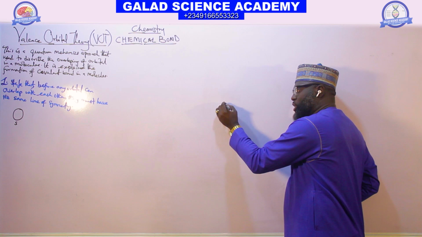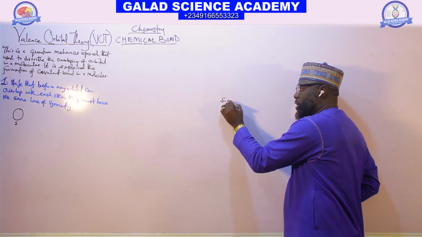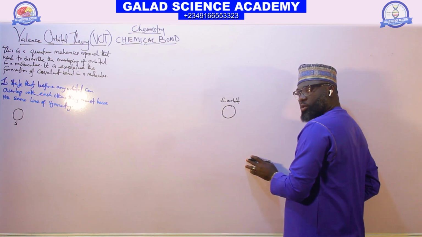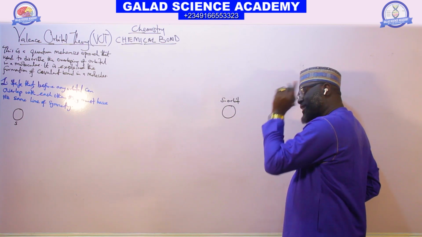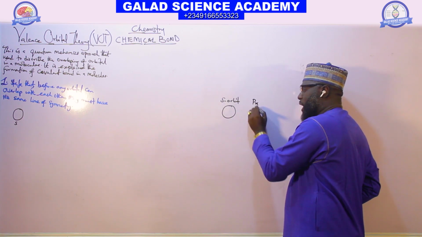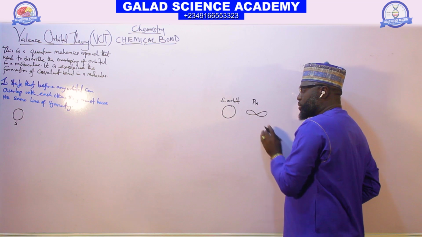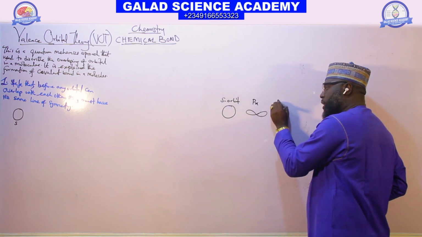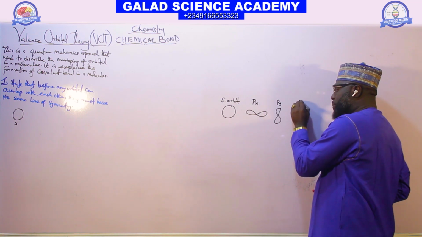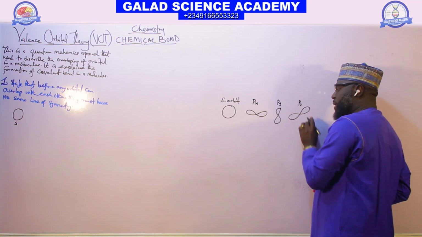The azimuthal tells us that the s orbital has a spherical shape. The same azimuthal tells us that the px orbital has this shape, the py orbital has this shape, while pz has this shape.